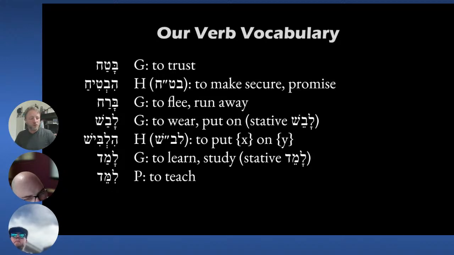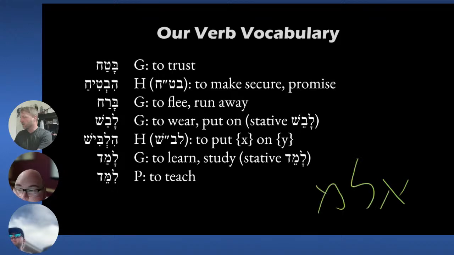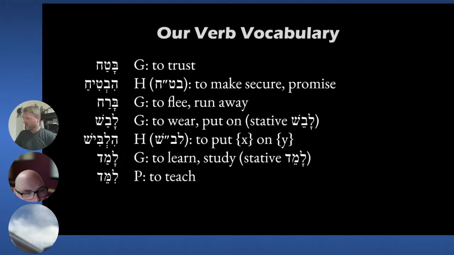Because for the future, you say ani elmad, I will learn, or ani alamed, I will teach. And they look exactly the same. So if it's in the piel or the kal, sometimes there is confusion when the text is not pointed.